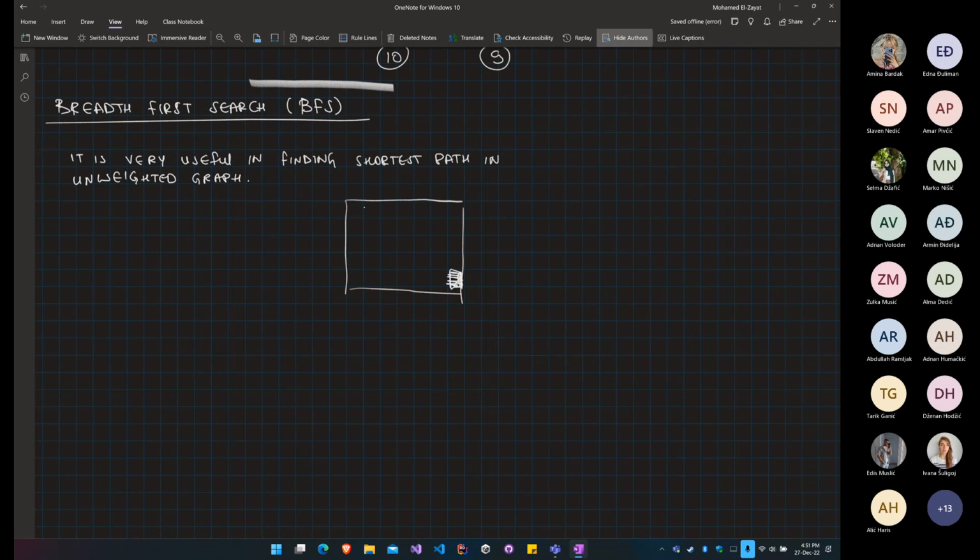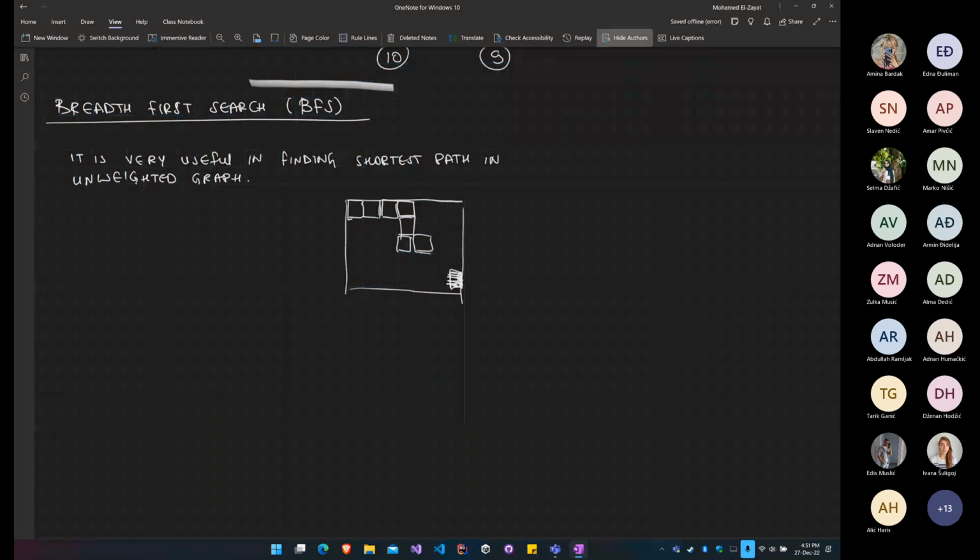What you would do is you would say, okay, what are my walkable nodes? So you can say, okay, these are walkables. These are walkables. But then you will ignore in your graph any non-walkable node.